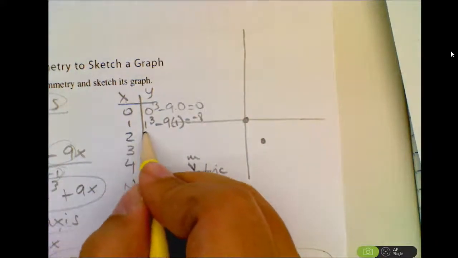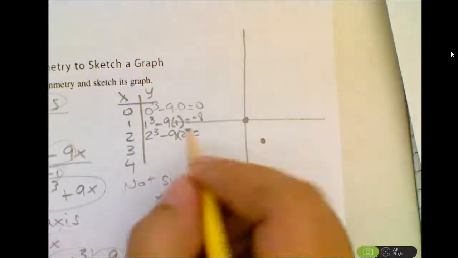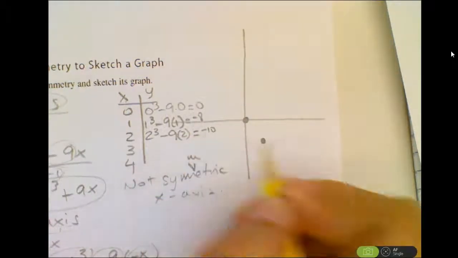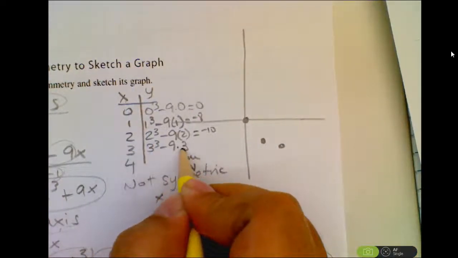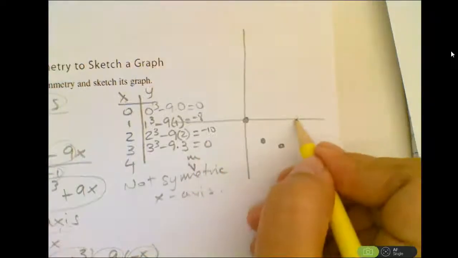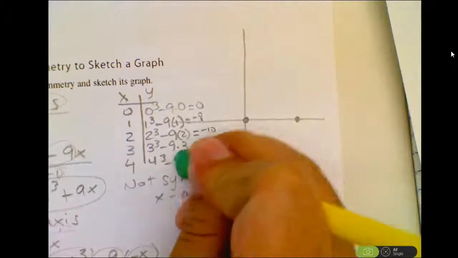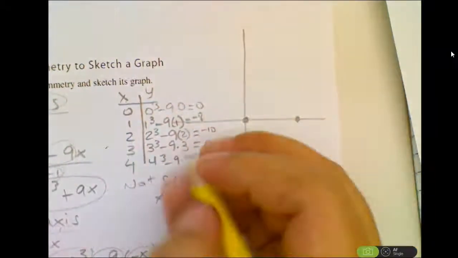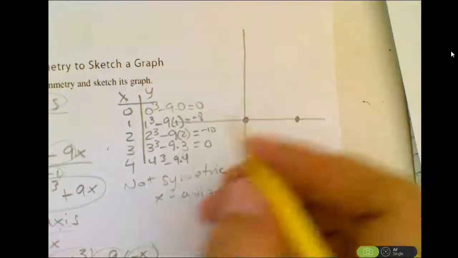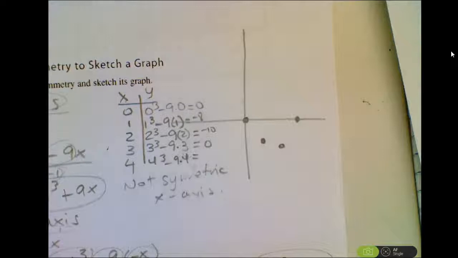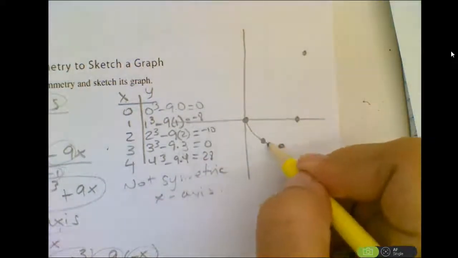And then when x is 2, 2 cubed minus 9 times 2, and that will be 8 minus 18, negative 10. And then 3 cubed minus 9 times 3, and that will be 0. And then when x is 4, 4 cubed is 64, 9 times 4 is 36, and then that will be 64 minus 36, that will be 28. Okay, over here. So my graph is going to go like this.